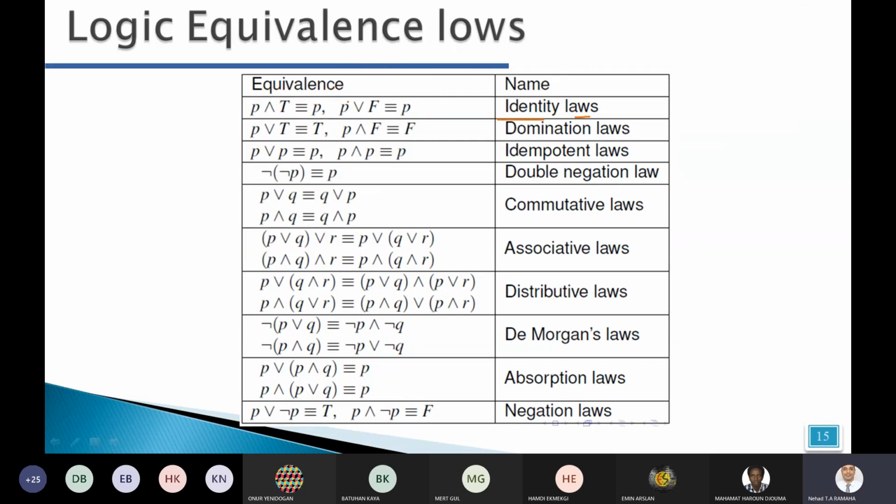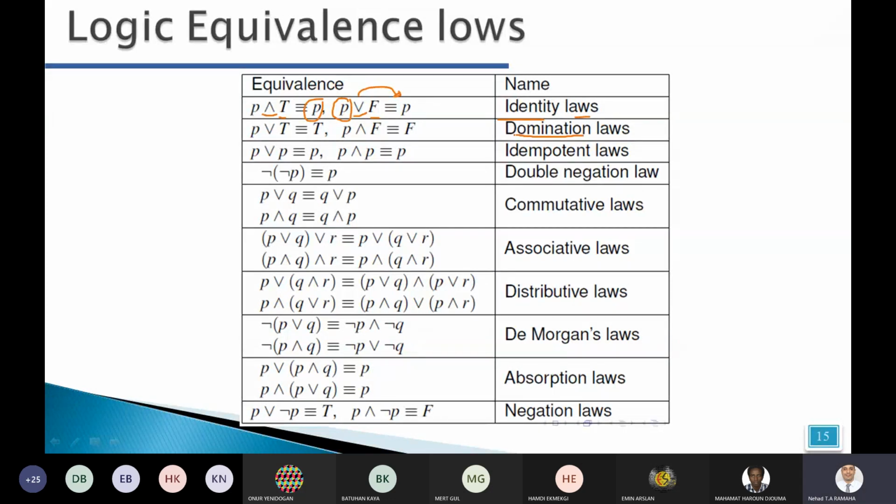This means P will identify the result, whether we have OR with false or AND with true.